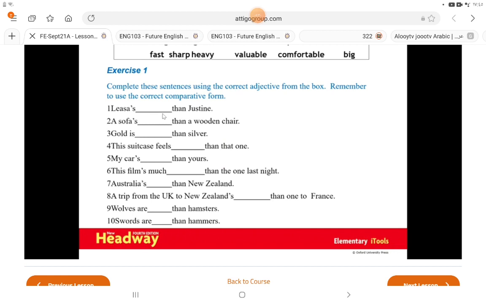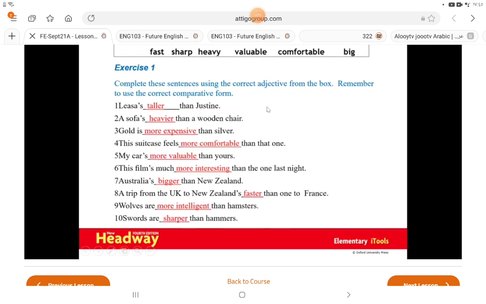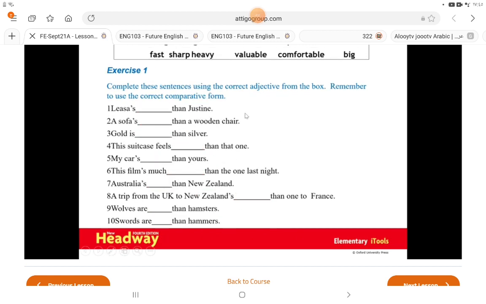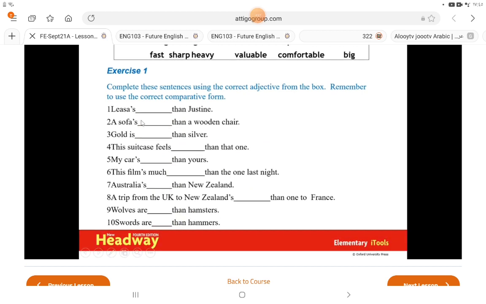Taller than Justine. Oh, all the answers are there. Okay, I will not show the answers. I'll just say right or wrong. Lisa is taller than Justine. Very good. Can you do the next one?